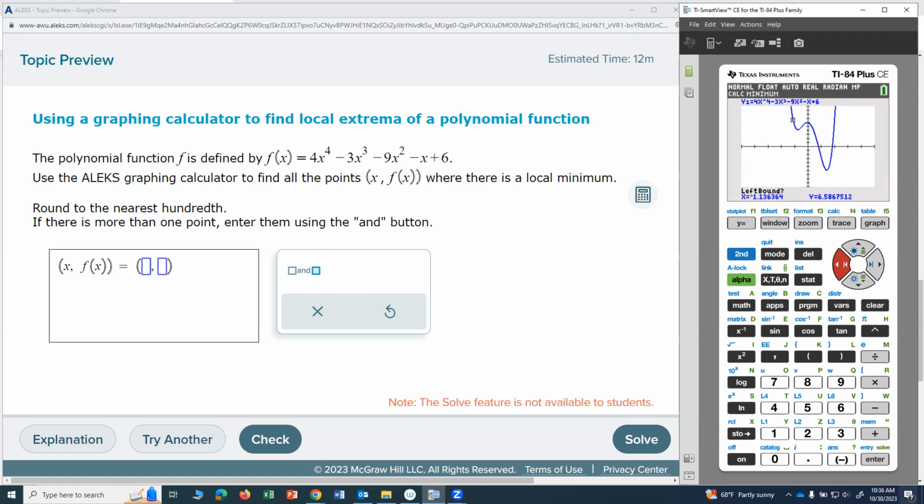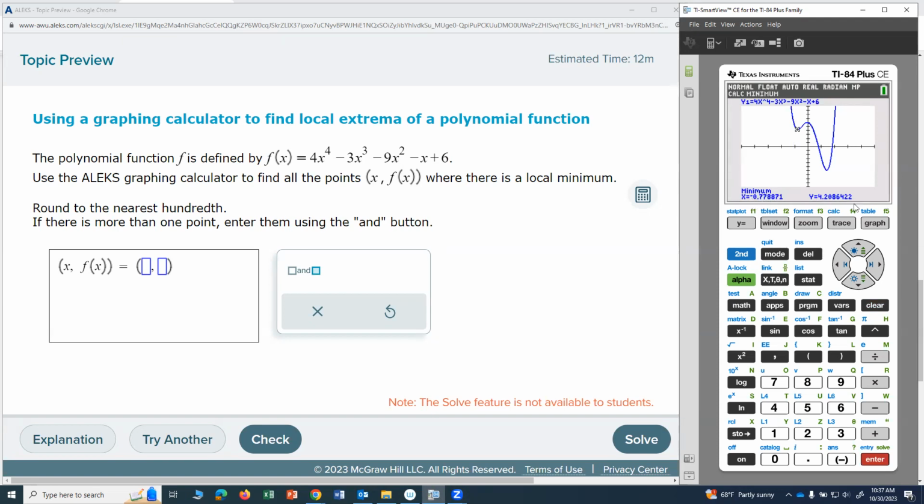So I have a left bound, I hit enter. Now it says right bound, and I'm only doing this one minimum at a time. So I'm still focusing on the left-hand minimum, but I get a right bound on that left-hand minimum. Hit enter. Notice it put in the bounds so I can see. And then it says, guess, do you want me to guess? So I hit enter, and it gives me a guess.